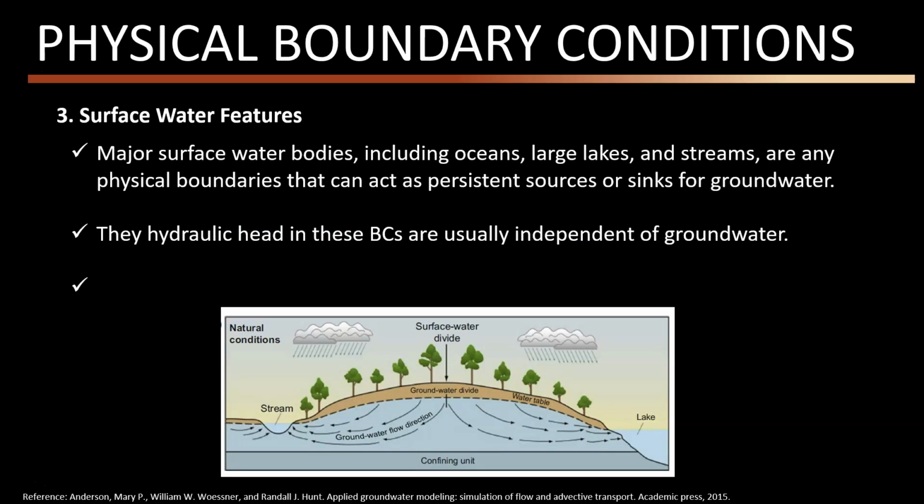Another common form of physical boundary conditions that we as groundwater modelers want to look at is known as a surface water body. Surface water bodies can be an ocean, sea, or large lake or stream. Technically, we like these water bodies, as you see here, the lake or sea and a stream.